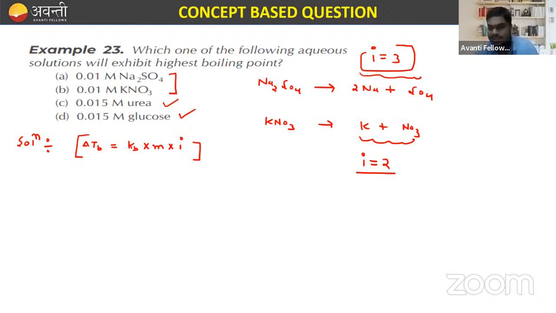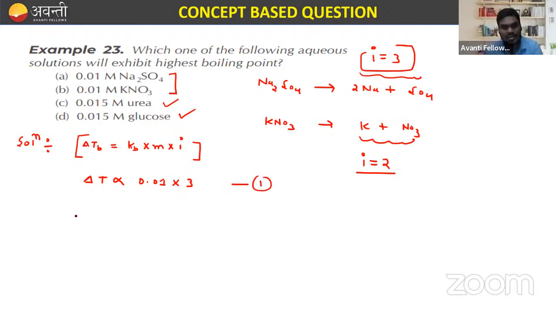Now tell me the correct answer for this question, beta. We all know that delta Tb is nothing but Kb into m into i, right? So for the first one, delta T is directly proportional to 0.01, this is the concentration, and the number of particles is 3. The Van't Hoff factor comes out to be 3.